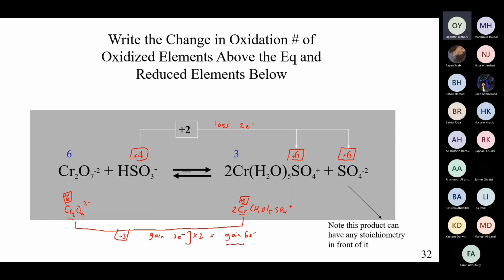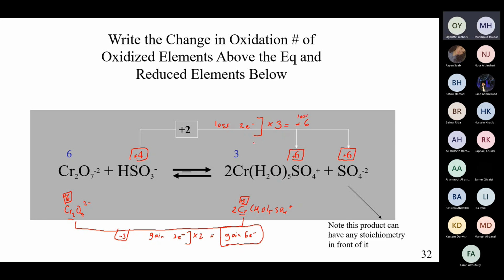I need to gain a total of 6. With me? And therefore the number of electrons gained must equal the number of electrons lost, so I must multiply this by 3, so the gain equals the loss. With me?